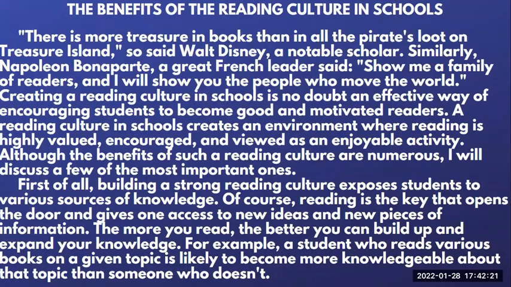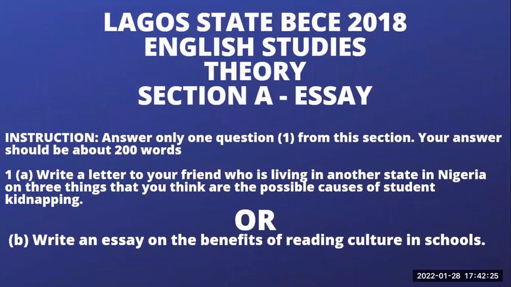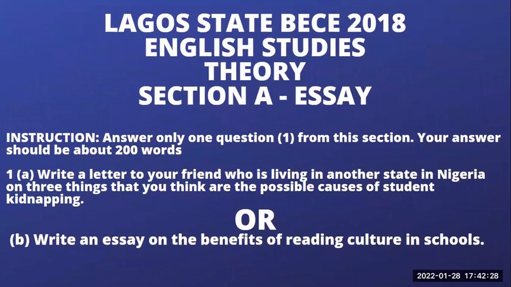So this is where the question is taken from: Lagos State Basic Education Certificate Examination of 2018, English Studies Theory, Section A, Essay. Now, the instruction in this section is as follows. Answer only one question from this section. Your answer should be about 200 words.